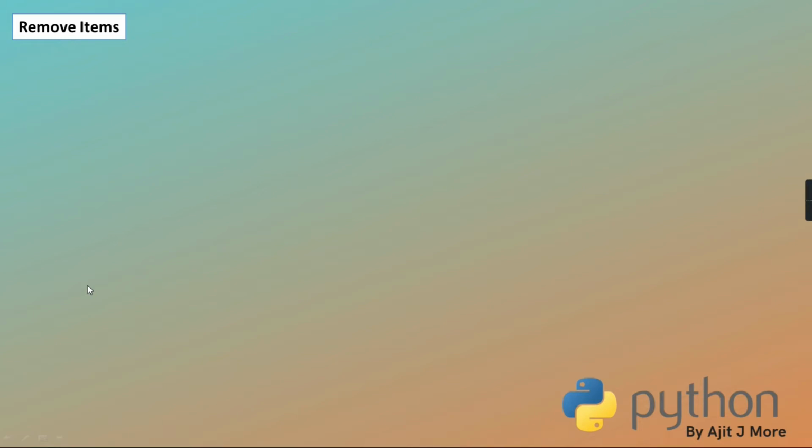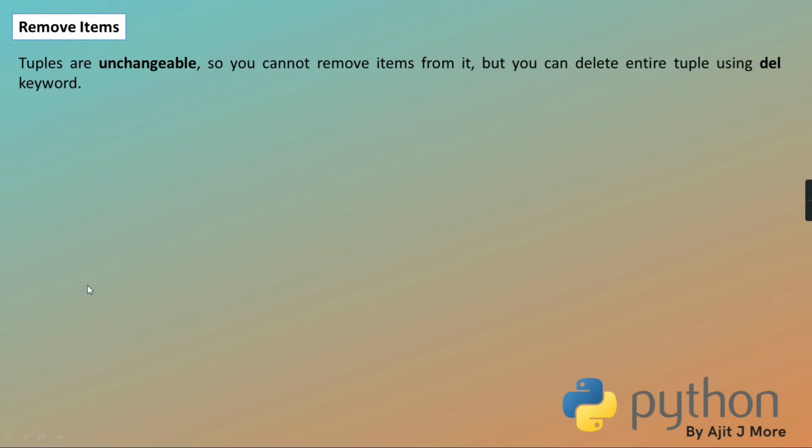In a list, we did it using the pop method, by default the last item, or if you give the index, it will delete the element from the given index. Remove, give the element which you want to remove, or by the del statement also. All those facilities a tuple doesn't have. See, tuples are unchangeable, so we cannot remove an item from it. Maximum you can just destroy the whole tuple by using del.